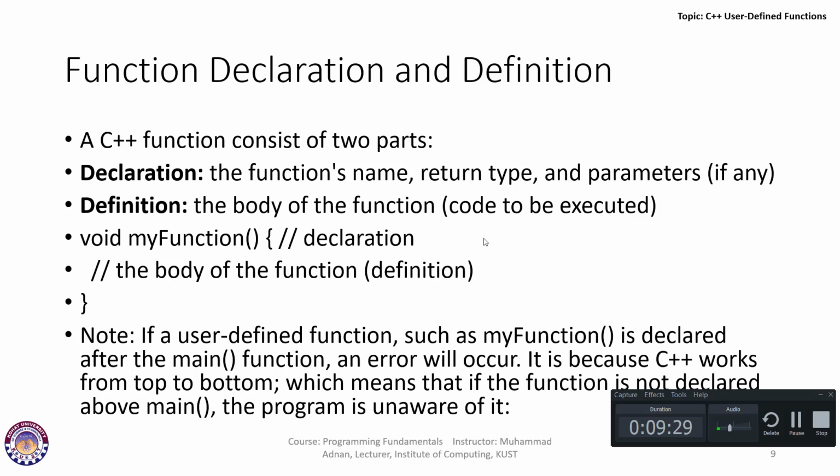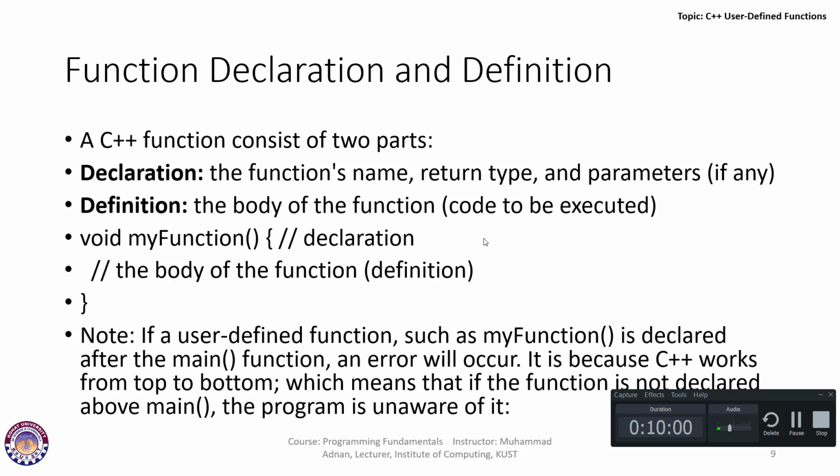You may now ask, in the previous example, why did we not declare a function first? There are many ways to write a user-defined function. You can just define them on top of the main function, but if you are going to write it below the main function, then first you declare it at the top after including the header files, and then you define it after the main function.